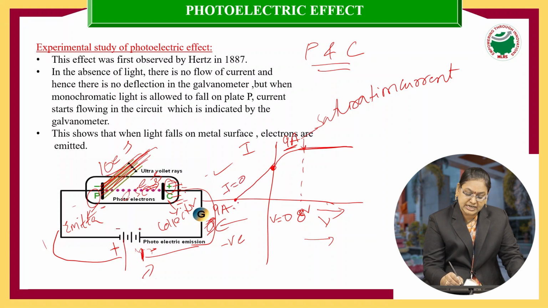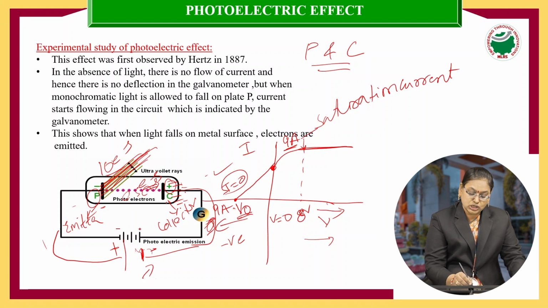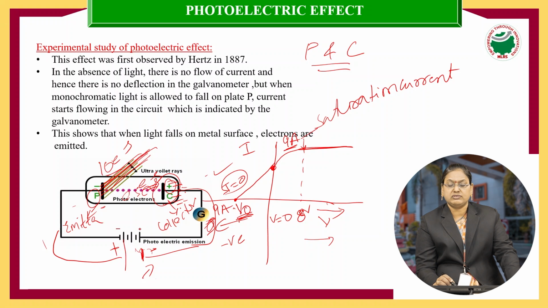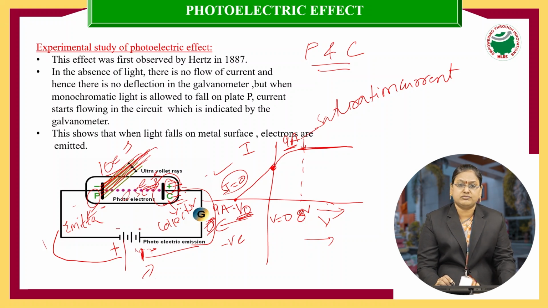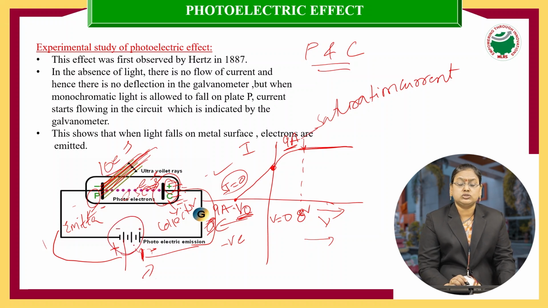So the voltage at which current becomes 0, what do we call that voltage? Stopping potential. It is represented by V0. Stopping potential is defined as the negative potential of plate C at which photoelectric current becomes 0. It is also defined as the value of retarding potential difference between the two electrodes which is sufficient to halt the most energetic photoelectrons.